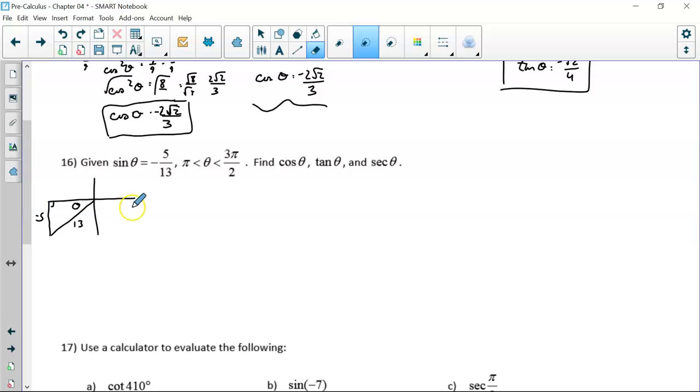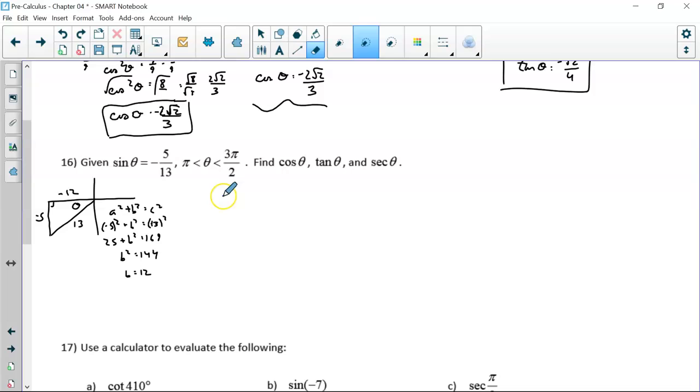Pythagorean theorem to find the missing side: negative 5 squared plus b squared equals 13 squared. 25 plus b squared equals 169. B squared equals 144. B equals 12. Once again, 12, but we're in quadrant 3, so they're both negative.